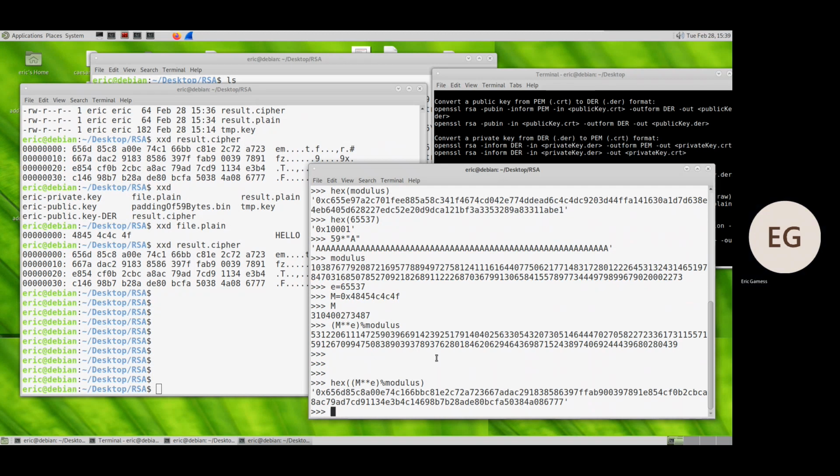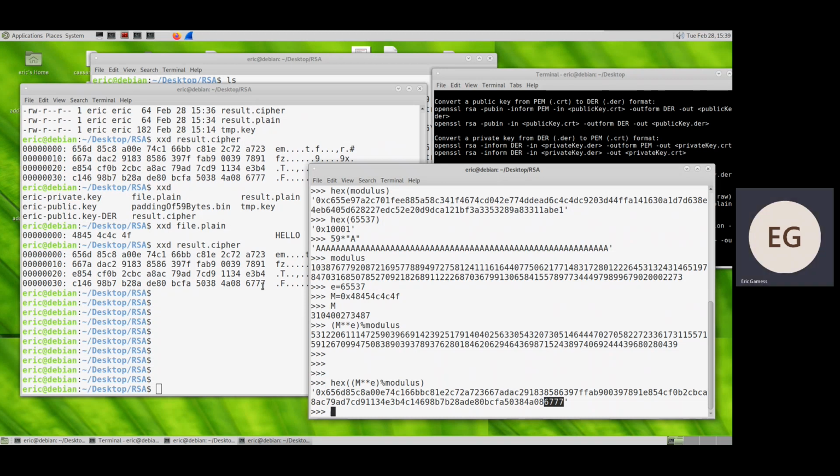Look at it in Python: it starts with 65, 6D, 85, C8, A0, 0E. You see it? And the last two bytes are 6777.